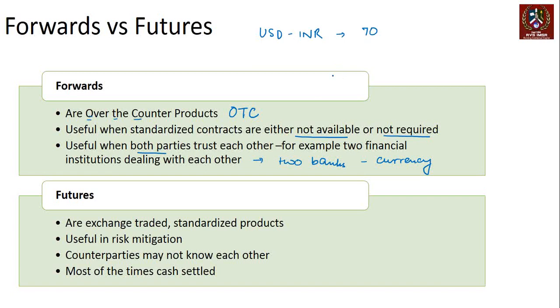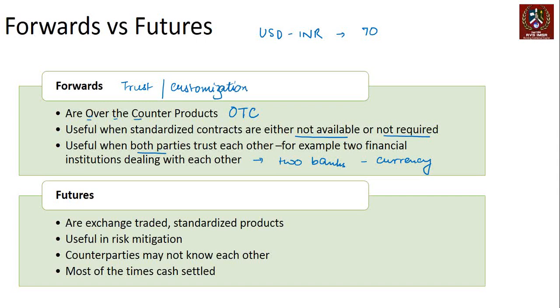So $1 will mean 70 rupees, and they could be creating a contract on this. If these are two banks involved, then banks are trustworthy because they are regulated anyway, and they've been existing for a while. In these cases, over-the-counter products work. So the keywords here are trust and customization.